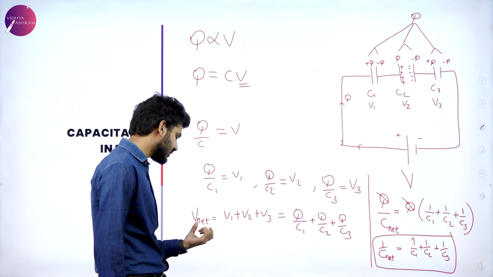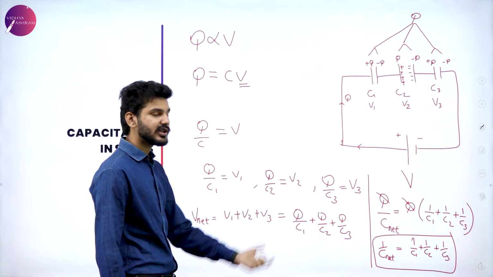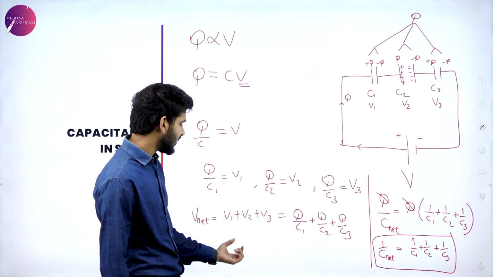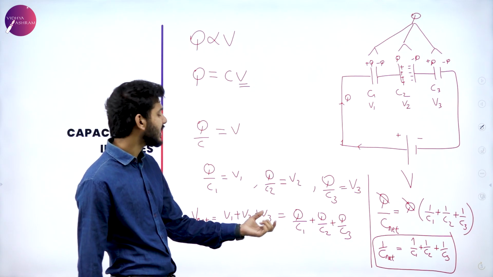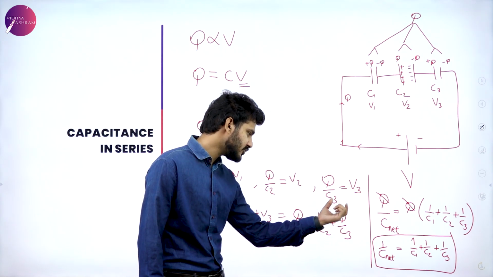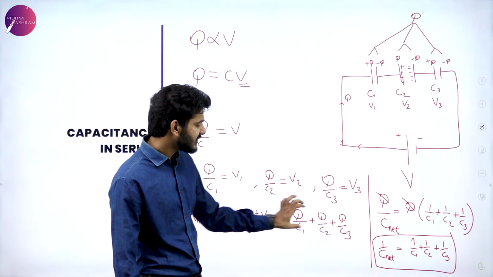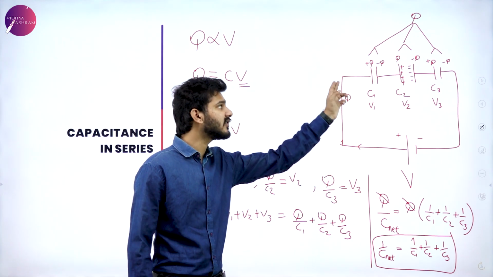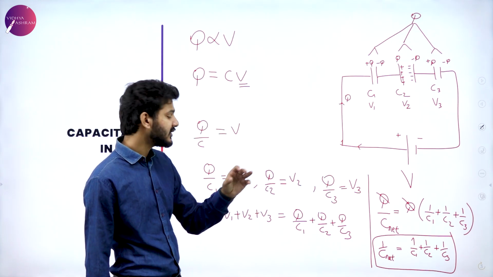So in order to find out the net potential, we added the potentials of that system, that is V1, V2, V3, which can be written as Q by C1 plus Q by C2 plus Q by C3. Q is the same because Q is not changing anywhere, it is just Q charge being stored.